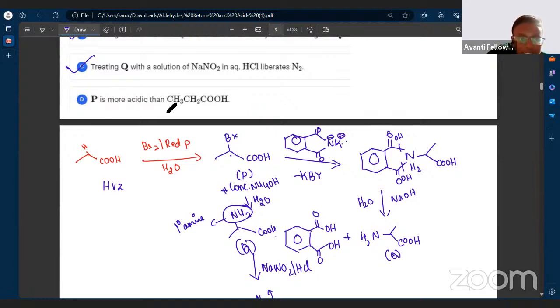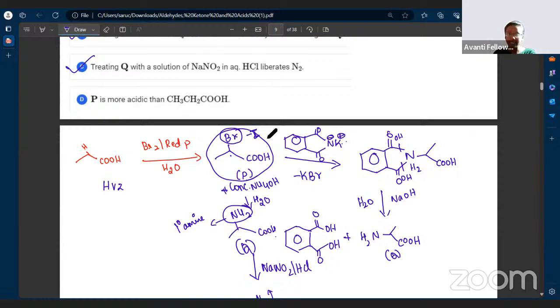And P is more acidic than CH3CH2COOH, propanoic acid. Is it true? Yes. The group which is attached is a minus I group. If a minus I group is attached, will the acidity increase or decrease?